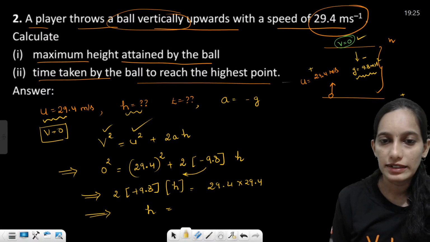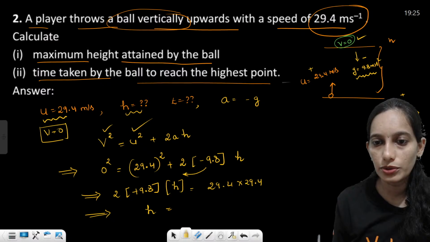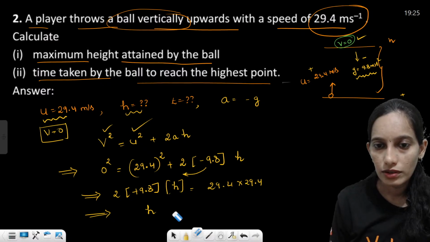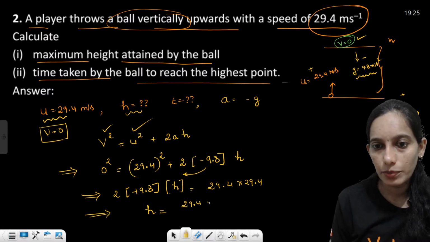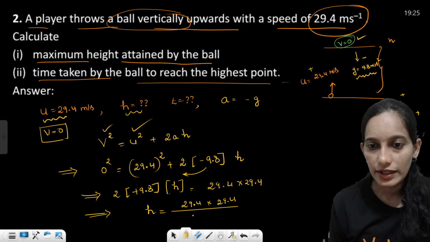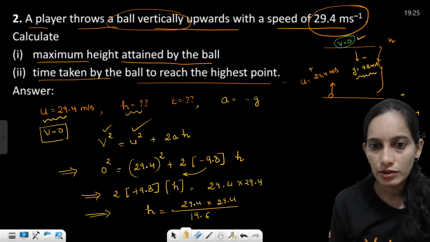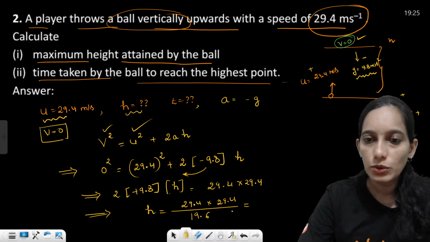So plus 9.8 you will have, sorry for that. So what we are going to get, h is equal to 29.4 into 29.4 divided by 2 into 9.8. So that is like 19.6. Correct? Yeah. So now your job is to simplify this whole thing and tell me.